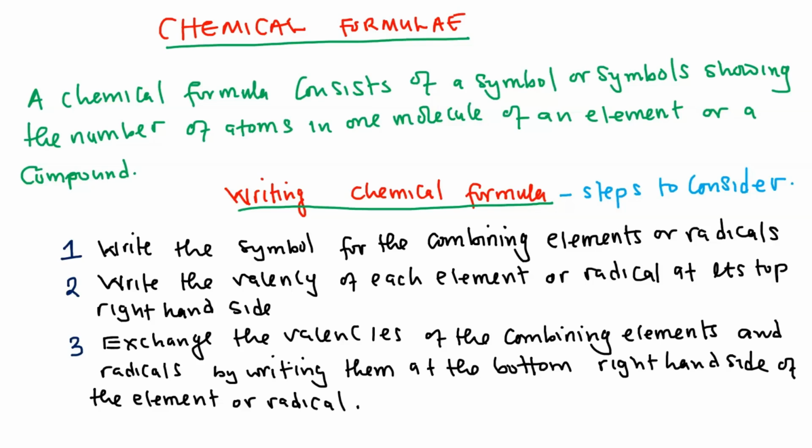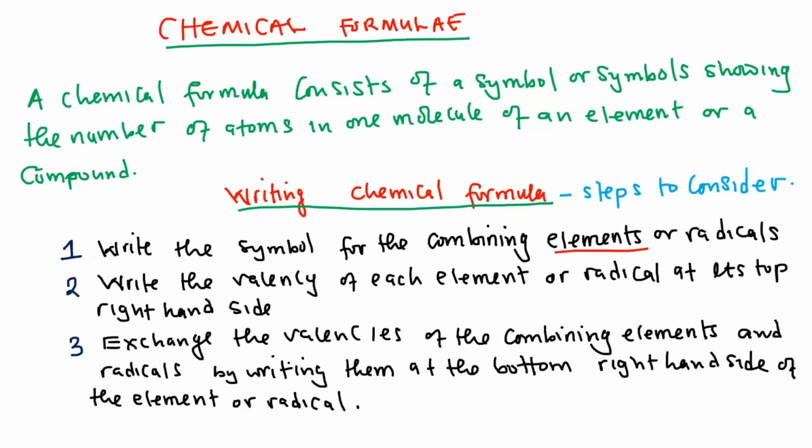That is basically a chemical formula. Now let us look at the steps that are involved when writing the chemical formula. The first thing, you need to know the symbol of the elements or radicals that are involved.